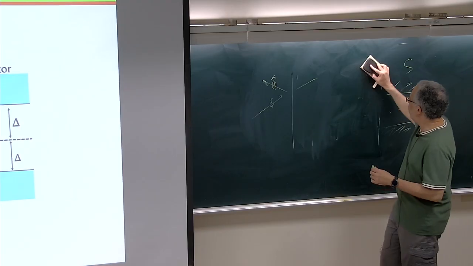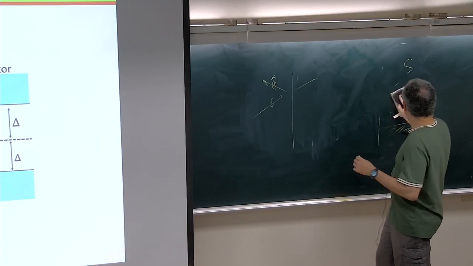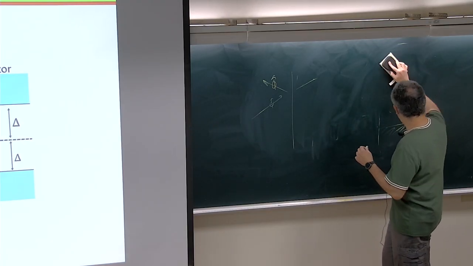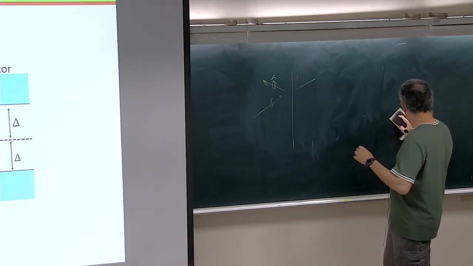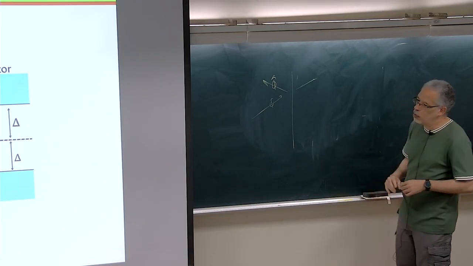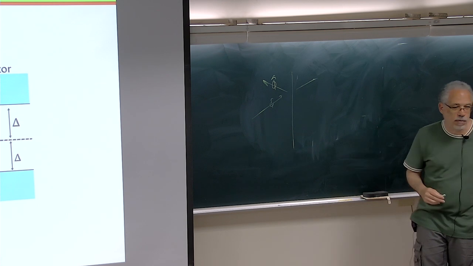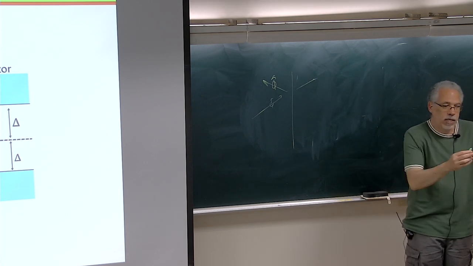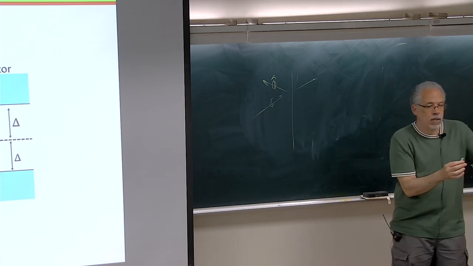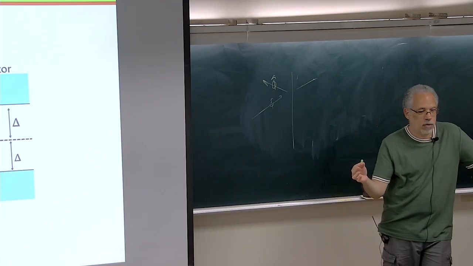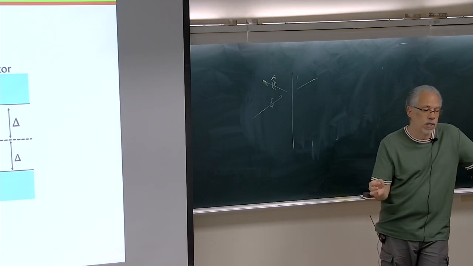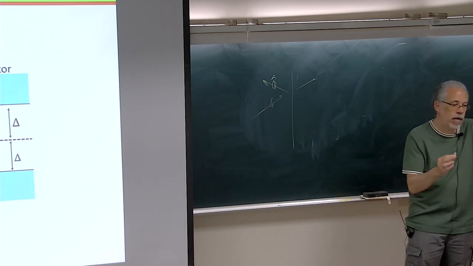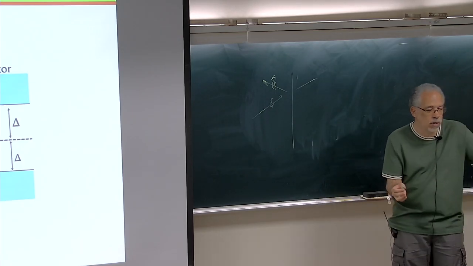the current. What will be the contribution to the current when you have Andreev reflection? So let's say you have one electron, and you have conductance by an electron in a clean material. You have a quantum of conductance. So each electron will give you a quantum of conductance to this differential conductance.